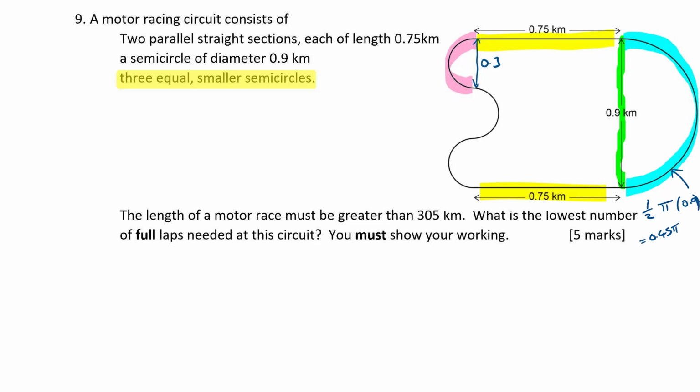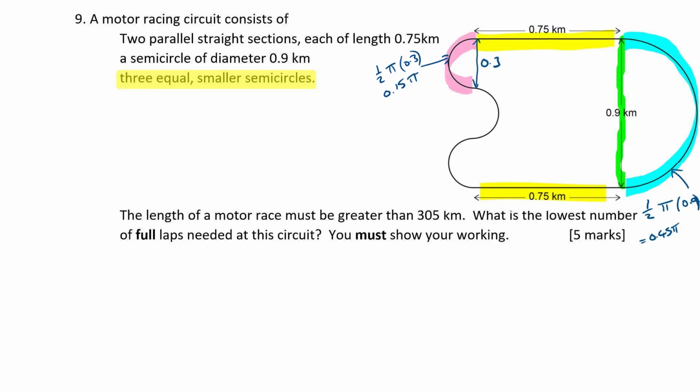And then on the other side, I've got a diameter of 0.3. So that's half of pi times the diameter of 0.3, which is 0.15 pi. But I've got 3 of those, haven't I?